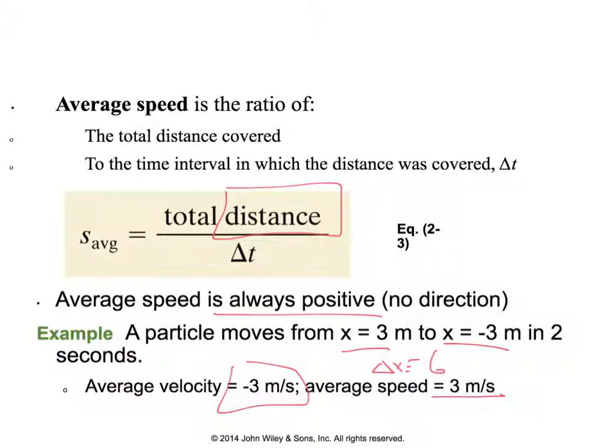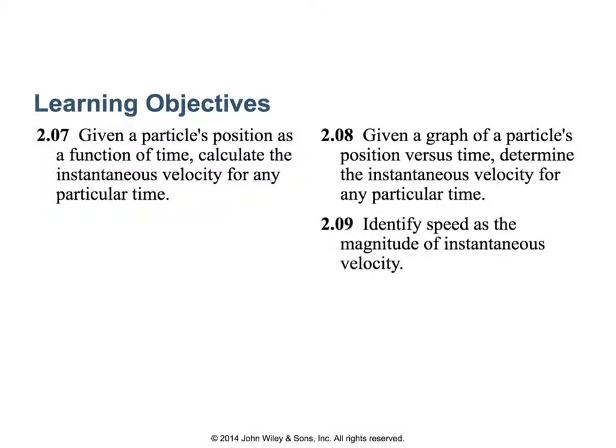That does happen often, but it is not always the case, especially when we have a situation where we turn around. We'll get into those situations later. Now that we have the basic concepts down, we're going to move on to looking at velocity a little more closely. In the next part of the video, when we're given a particle's position as a function of time, we're going to calculate the instantaneous velocity, and this is where calculus comes into play.